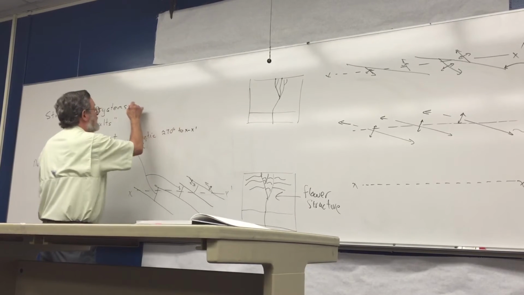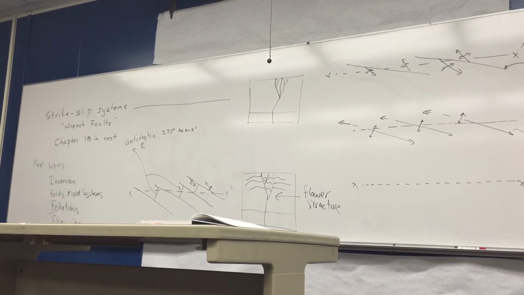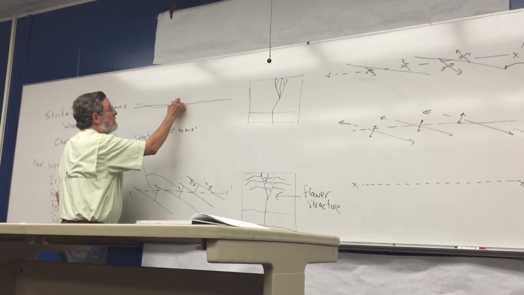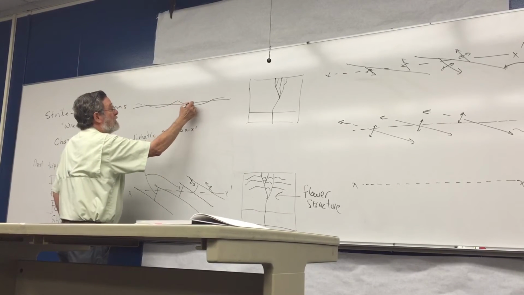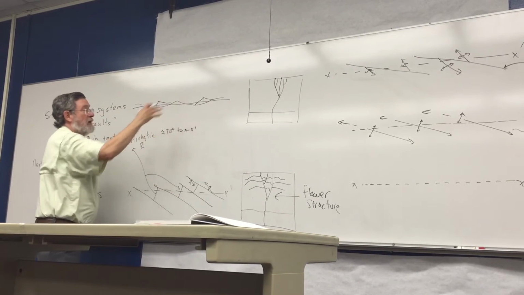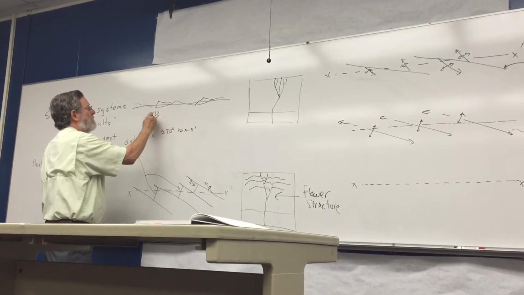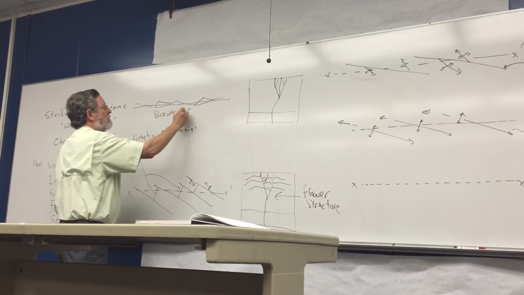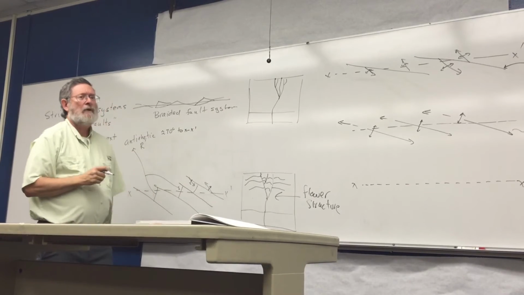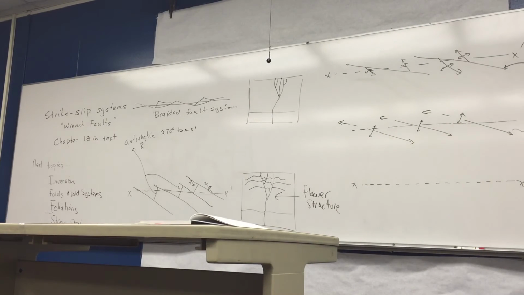In this last stage now, my master fault is there. That's the XX prime fault. I'm going to start seeing a meandering zone of faults that are truncating each other. So I end up with sort of a braided fault system. We give that a fancy term.